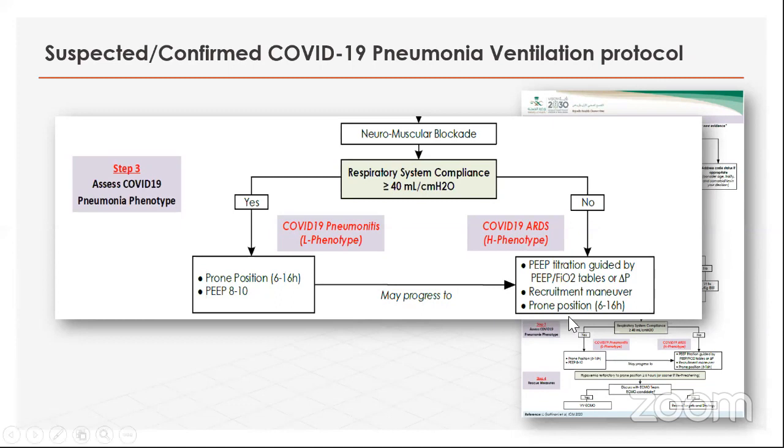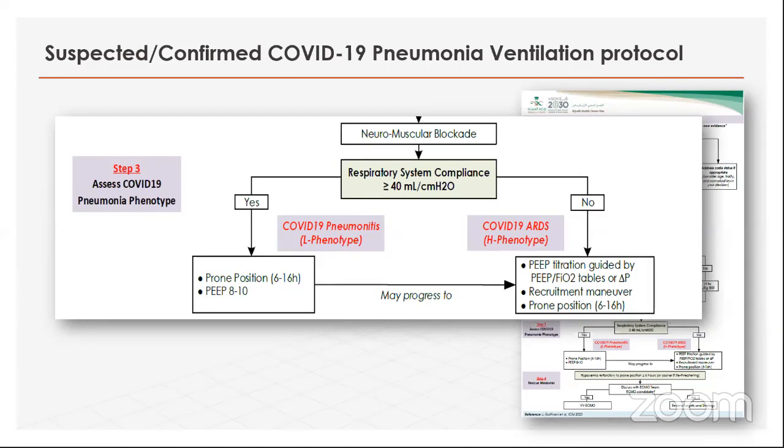Then the management strategy, based on this phenotype, for type L would be to continue with prone position, and we will not change the PEEP, as we discussed before. There is no response to PEEP, there are no recruitable alveoli here. So the prone position will for sure improve the V/Q mismatch and improve the areas of perfusion with changing the position.